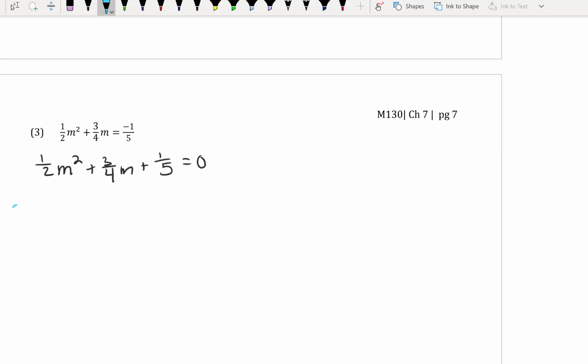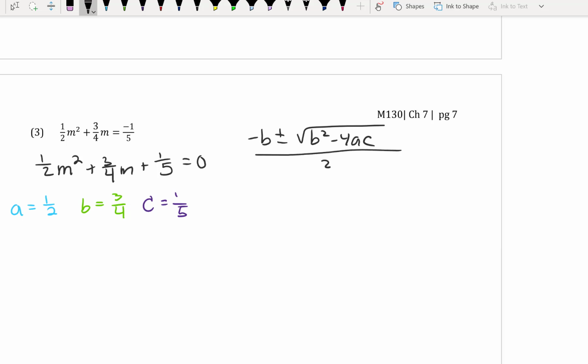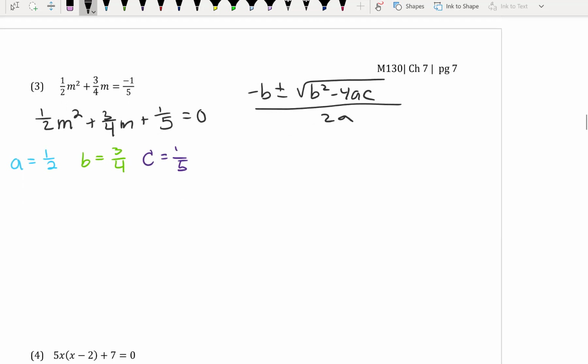So now I can say that my a is equal to 1/2, my b is equal to 3/4, and my c value is equal to 1/5. So I'm going to have -b plus or minus the square root of b squared minus 4ac all over my 2a.